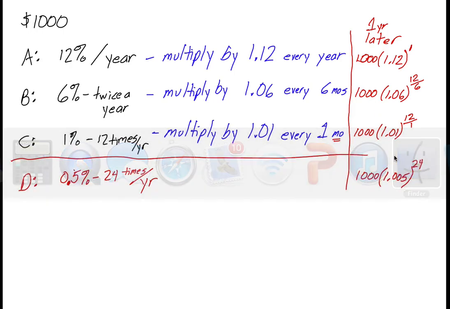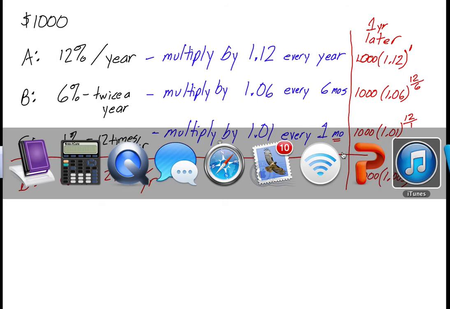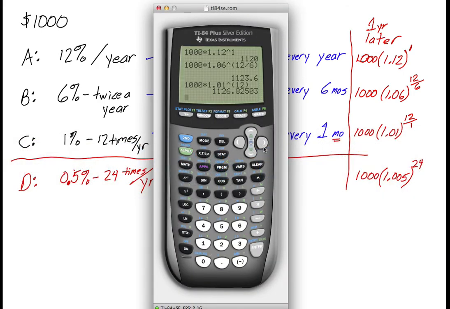And so let's look at what that does to our answer. 1,000 times 1.005 raised to the 24th power. It's even better, isn't it? 1,126.82. Now we're at 1,127.16.